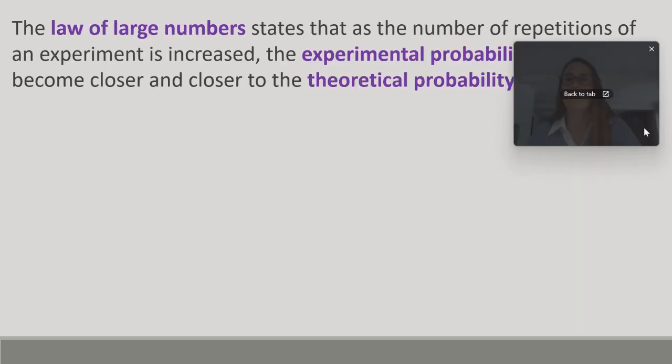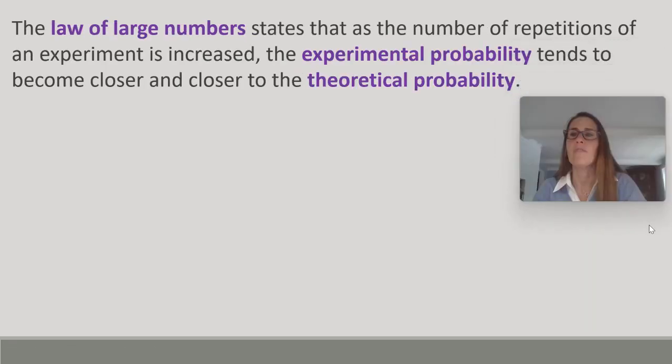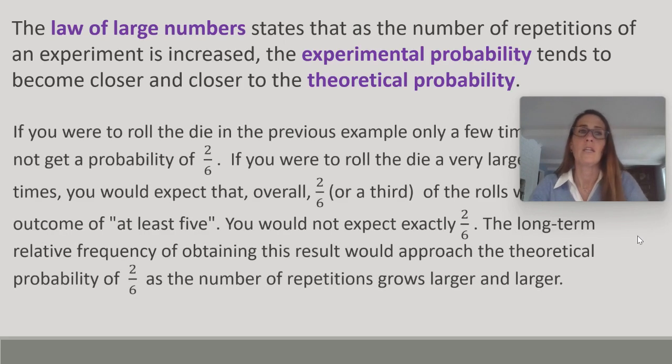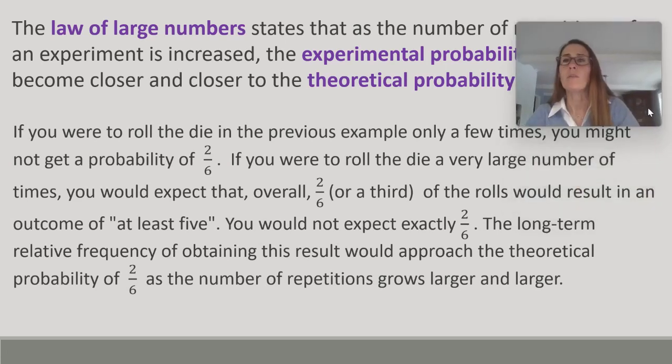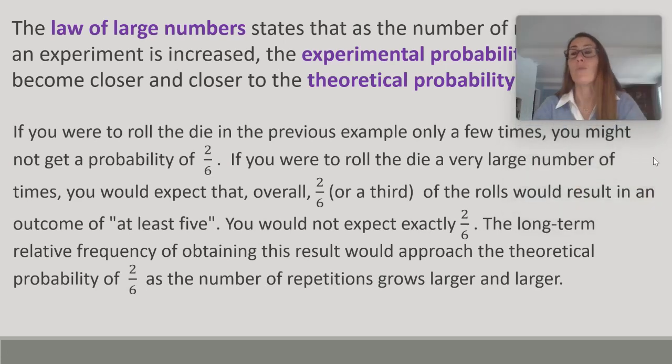The law of large numbers states that as the number of repetitions of an experiment is increased, the experimental probability tends to become closer and closer to the theoretical probability. Experimental probability is the probability you get when you actually do an experiment. So if I roll a die, you might not get 2 out of 6. You might not get the 5 and the 6 every single time.